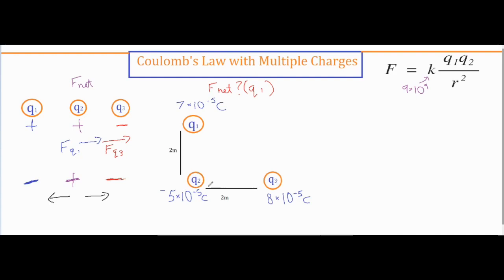I have the 2 meter separation distance between Q1 and Q2, and then between Q2 and Q3, and then I have a couple different charges here. So I'm going to make sure I find the force between them and plug in the proper charges for my Q1 and Q2, and then the correct separation distance as well.